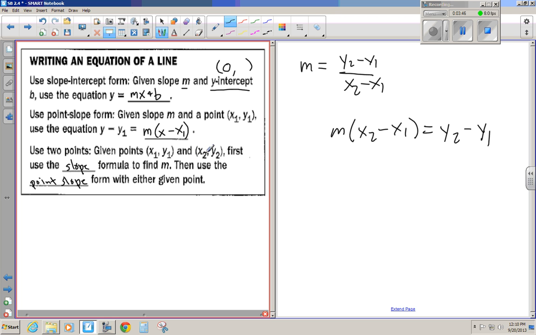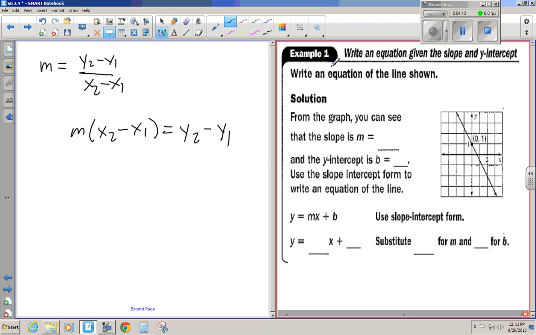But remember, you should add this in there: if one point is the y-intercept, then use y equals mx plus b. So only if you're given (0, b) will you use this form.